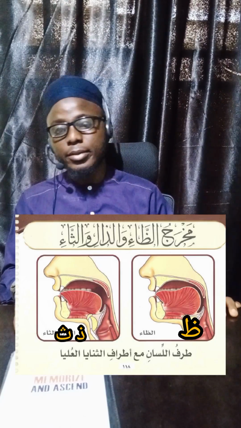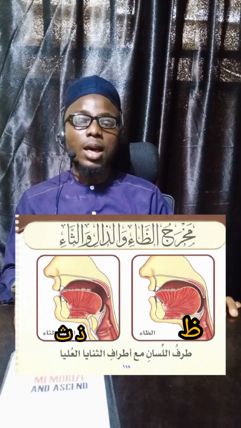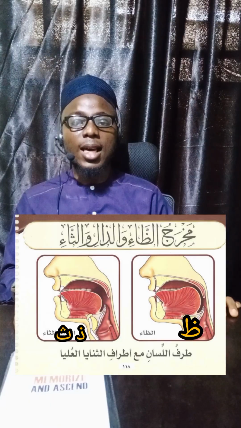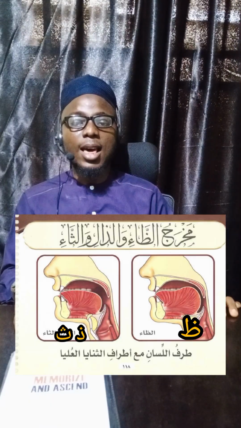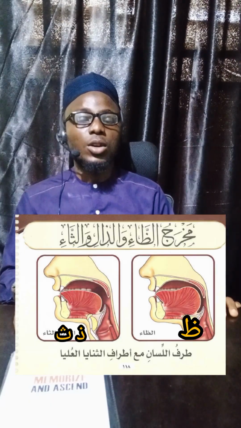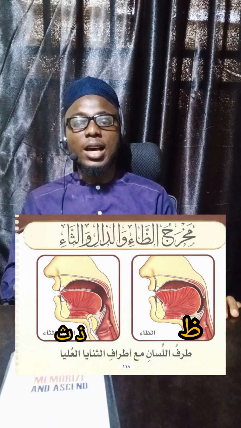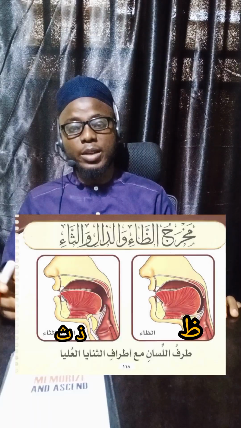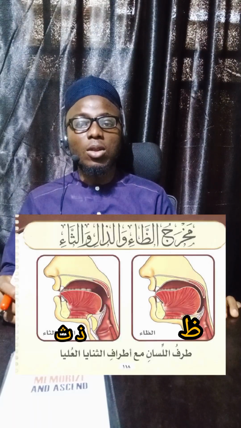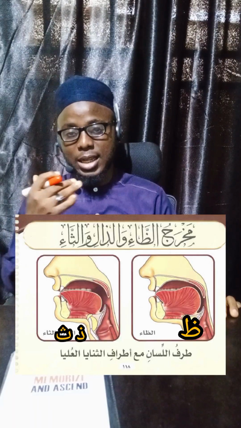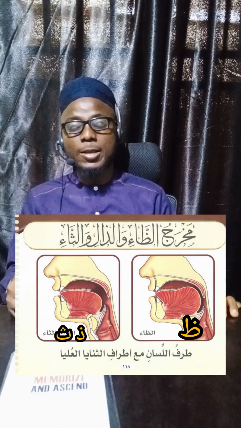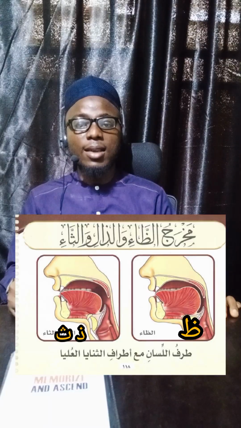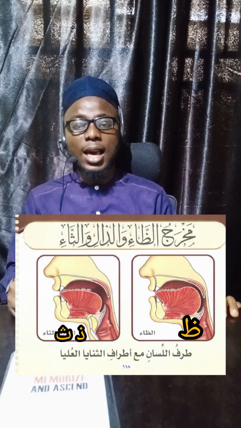It is the same with Dho, and the same with Dhal. For Dho there should be a heaviness that fills the mouth because it's a heavy letter, but the tongue is just at the tip of the two front teeth. Then we have Dhal, and then for Tha.